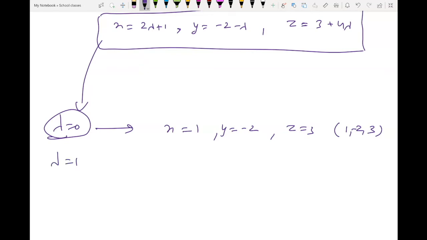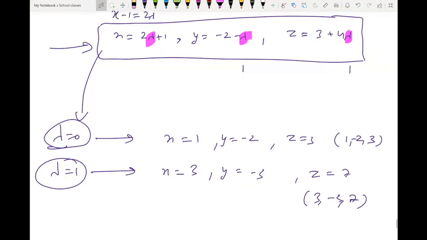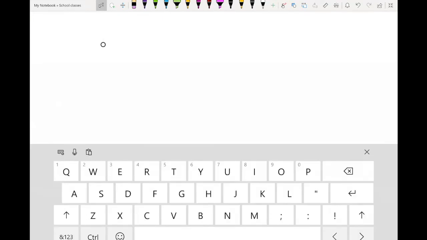If I take lambda equals 1, you will get another point. That will be 2 plus 1, which is 3; here, it will be minus 3; and here, it will be 7. So this is another point, again lying on the same line. So this gives you any point lying on the line, and for different values of lambda, you can get different points lying on the line.